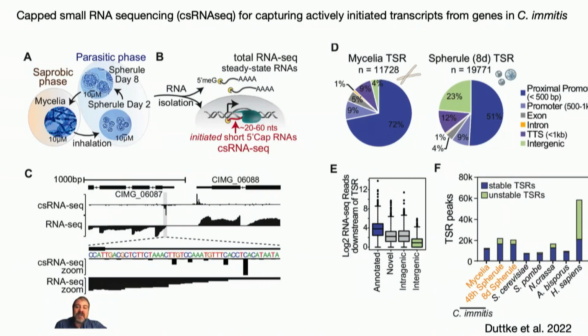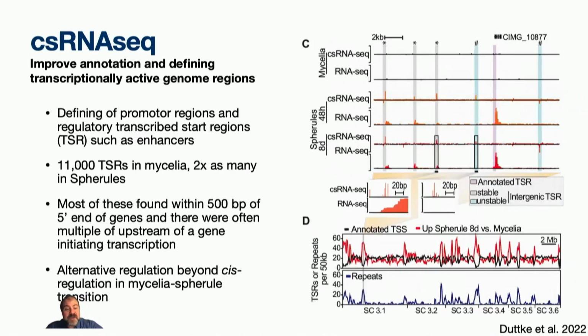And so we've got basically twofold more of these sites in spheruleal phase than we do in the mycelial phase. And so that's a really exciting result. I'm only giving a very high-level view of the results in this paper. I would commend your taking a deeper look at it if you're interested.